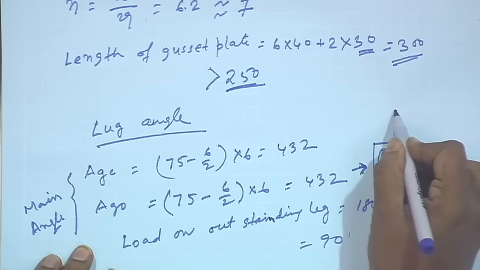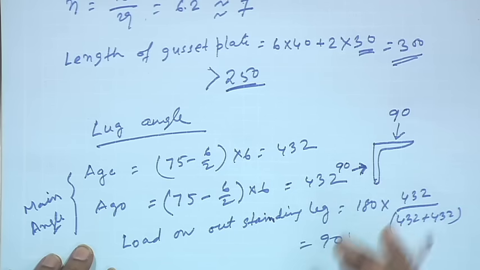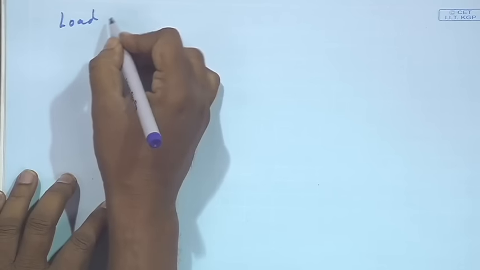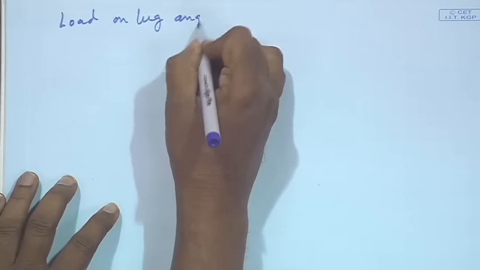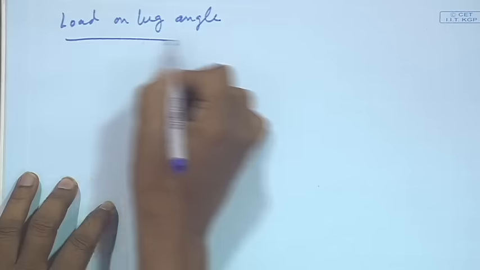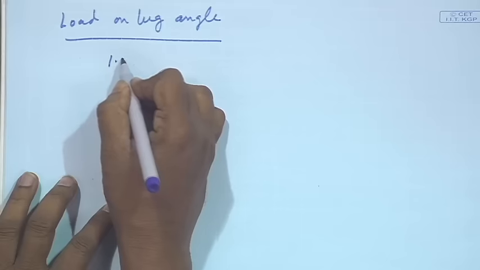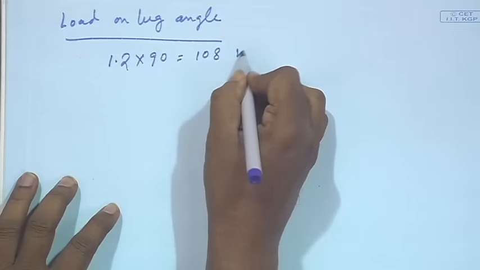That means, in this leg it will be shared by 90 and in this leg it will be shared by 90. So, 90 kilonewton each will come to both the legs of the main angle. So, load on lug angle will be 20% more as per the codal provision. Load on lug angle will be 20% more. So, this will be 1.2 into 90. So, that is 108 kilonewton.